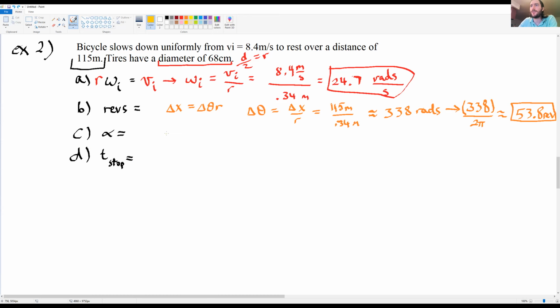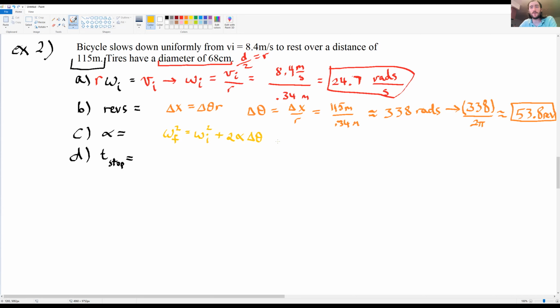We'll use the equation omega final squared, that's an F there, let's try to write that better. Omega final squared is equal to omega initial squared plus 2 times alpha times delta theta. Okay, now this equation doesn't have a time in it, right?